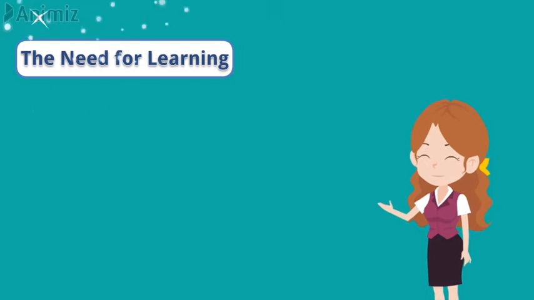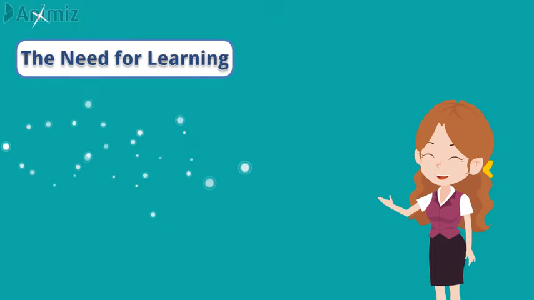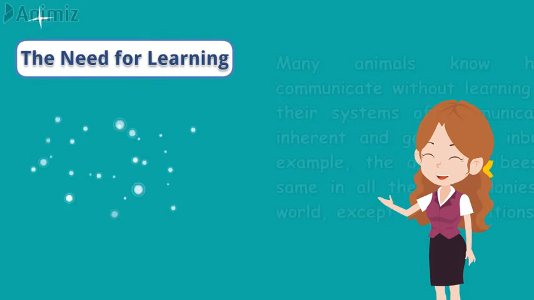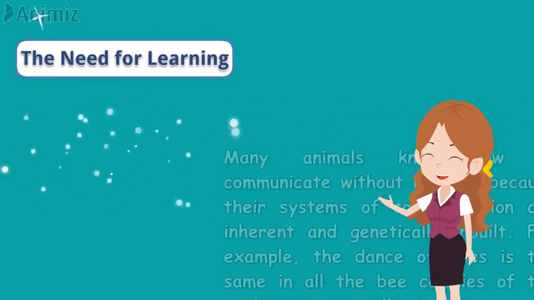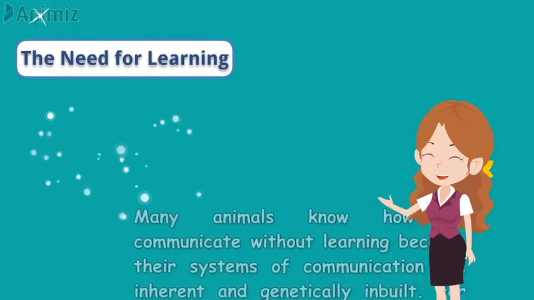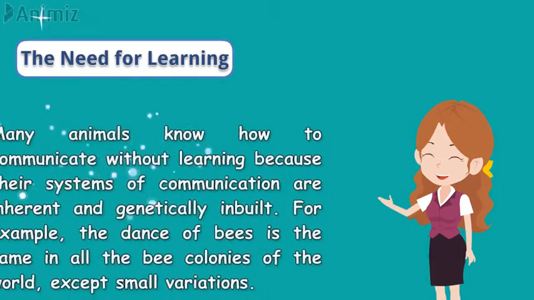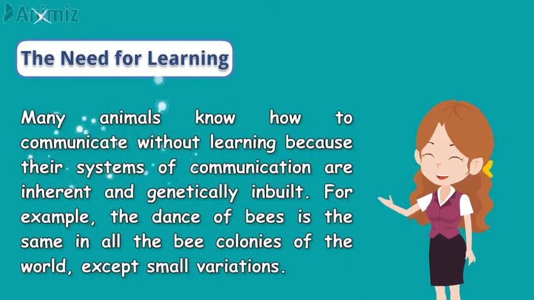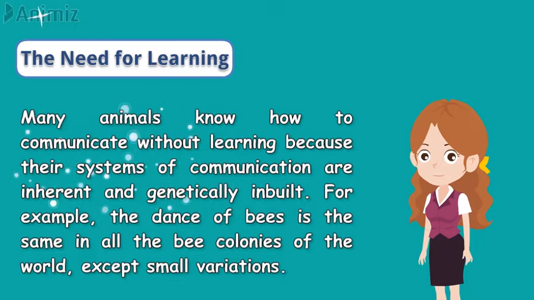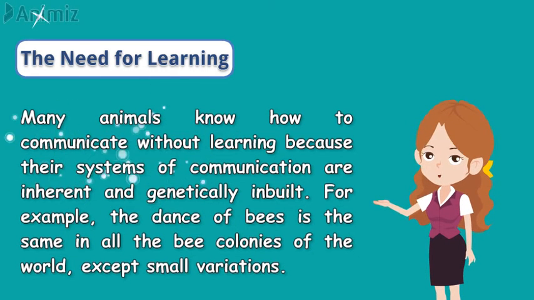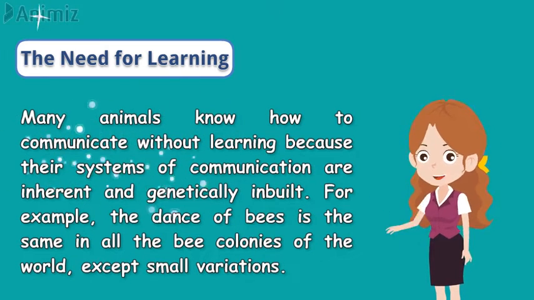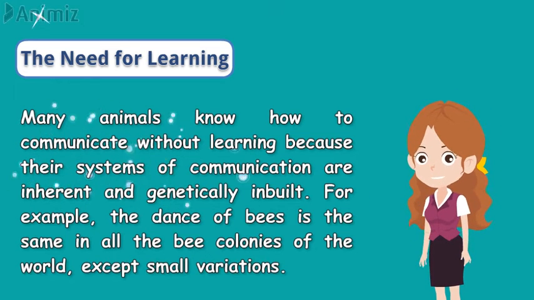The third feature is the need for learning. Many animals know how to communicate without learning because their systems of communication are inherent and genetically inbuilt.